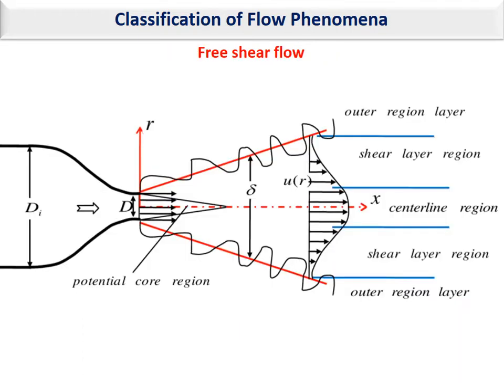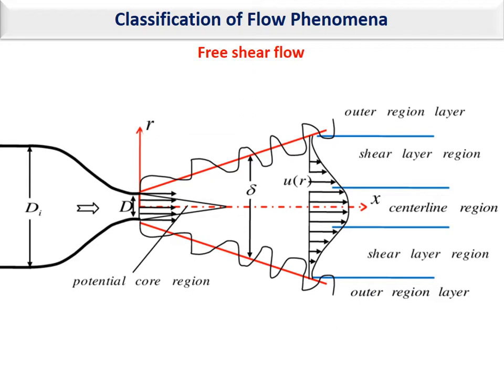There is an exception here for the free shear flow. What's free shear flow? The best example of free shear flow or jet flow is the one I've shown here. For example, the flow exiting a nozzle into a stationary fluid. Suppose that the fluid here is stationary at first, and suddenly a jet of fluid enters the stationary fluid.